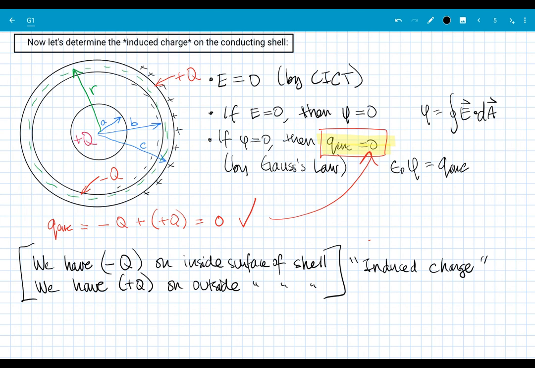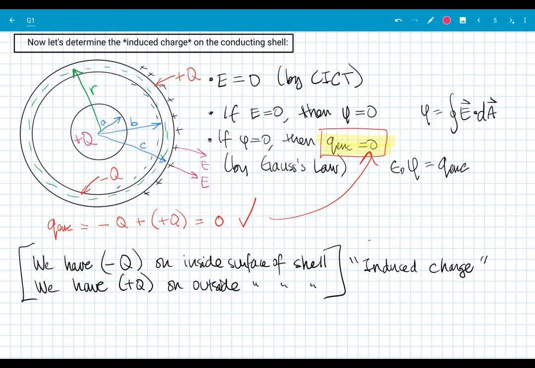How does that happen? Well, the electrons see the big positively charged ball in the middle and they want to go to that. And so the electrons all hang out on the inner surface of the shell, leaving behind positive charge. I like that because it helps explain why we would have a radially outward electric field everywhere outside the shell, and why it would act like a point charge.